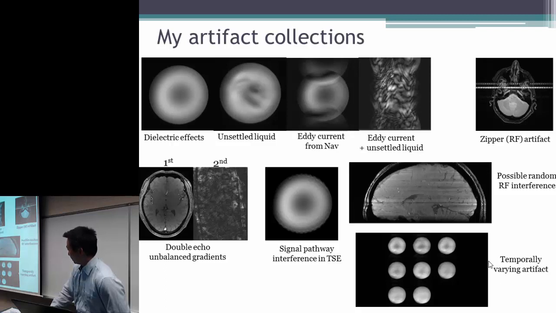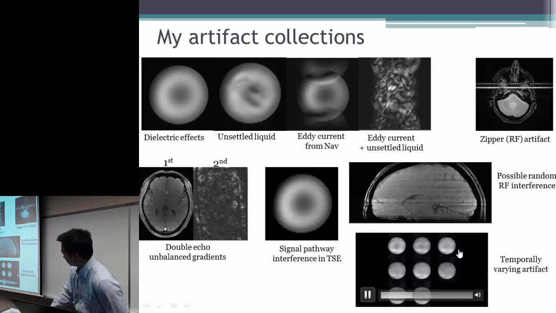And here is another temporally varying artifact that I came across when scanning with the EPI sequence. We can see that when I'm collecting different time points, you can see this artifact here.